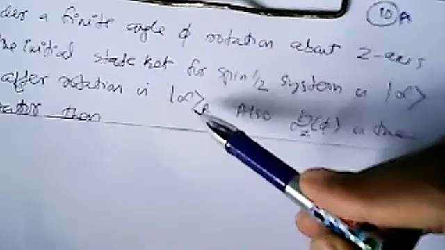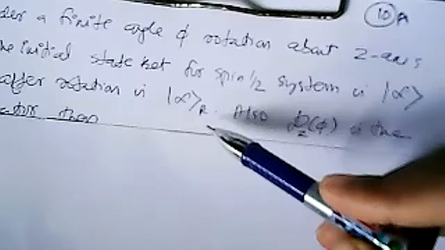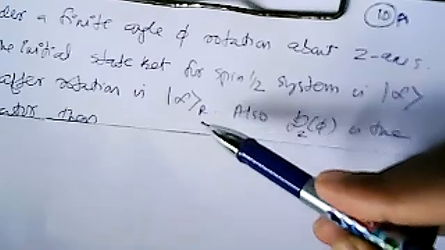Let the initial state ket for the spin half system be ket alpha, as we discussed earlier. And after rotation, it is ket alpha suffix R. This is the final rotated state. And D_z(phi) is the operator.